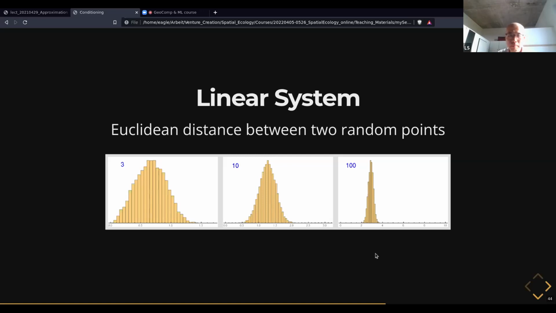Do you agree with me? If you look at the shape of this histogram, it's becoming thinner and thinner. Is that correct? I agree. I do not know why. Yeah. So just by looking at this, it's becoming thinner and thinner. So what does that mean?